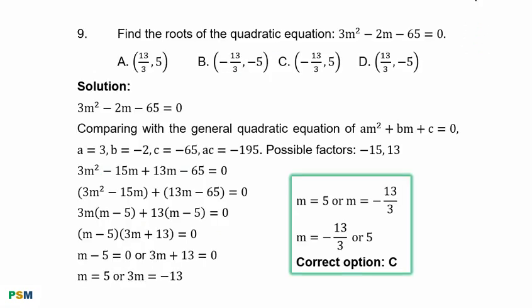Question 9. Find the roots of the quadratic equation 3m squared minus 2m minus 65 equal to 0. Solution. This is the given quadratic equation. Let us compare it with the general quadratic equation of this form.